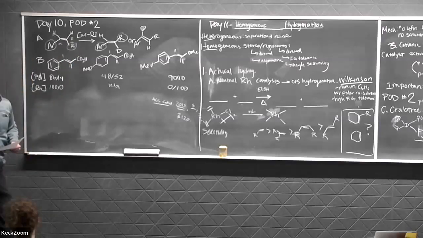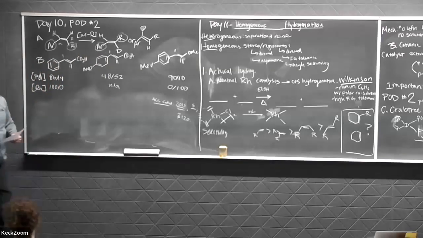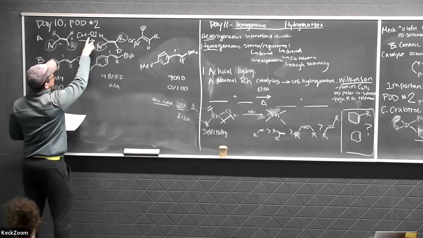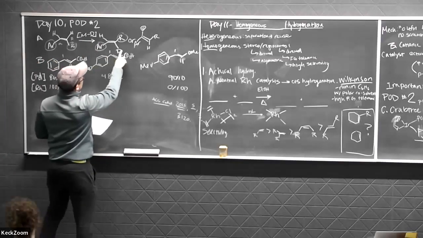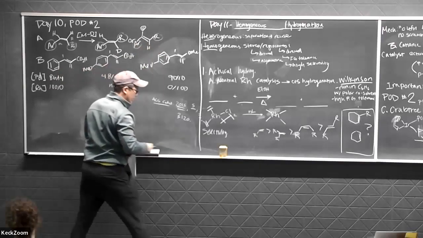It's in the Z configuration, in the presence of a metal hydride. It's isomerizing to the E configuration. And we see that actually we're not using a metal hydride, we're using its close cousin, the metal deuteride. And we're getting a mixture of incorporation of deuterium into both potential positions.